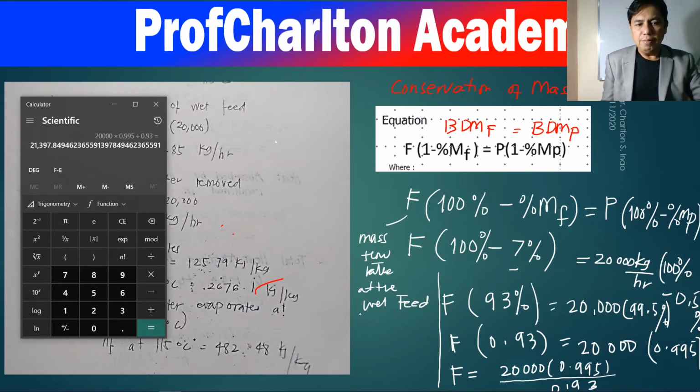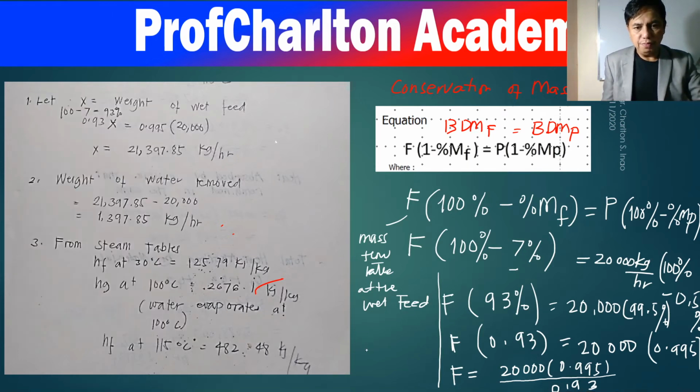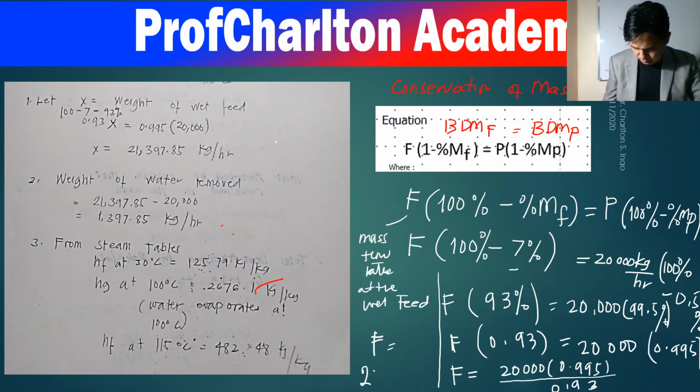Let me jot this down. So we have a mass flow. The feed is 21,397, then we round off to 85 because it's 849, right?